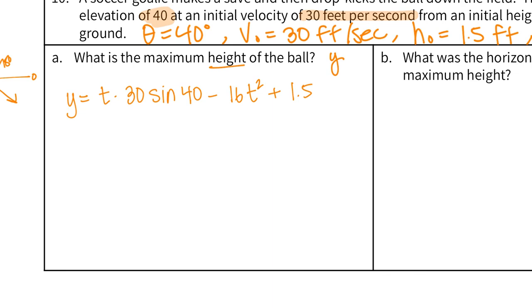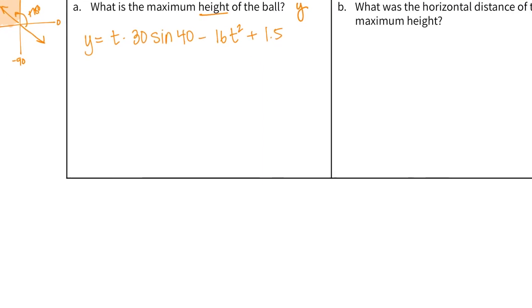Now I want to know the maximum height. So if you picture this, here's the floor. He's kicking the ball, but it's not from the ground. It's a little bit higher up. And then it goes like this, and then eventually it's going to land down. So we want to know what that top part is. We want the max. So what we need to find out is how long did it take to get to that max.